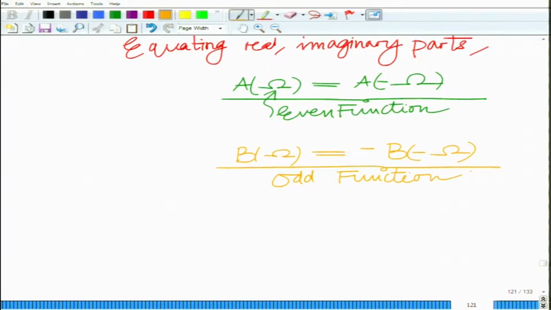So for a real signal, the real part of the DTFT, A(omega), is an even function of omega, and the imaginary part B(omega) is an odd function of omega.